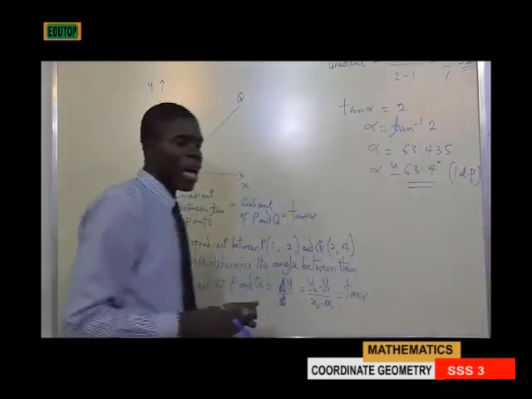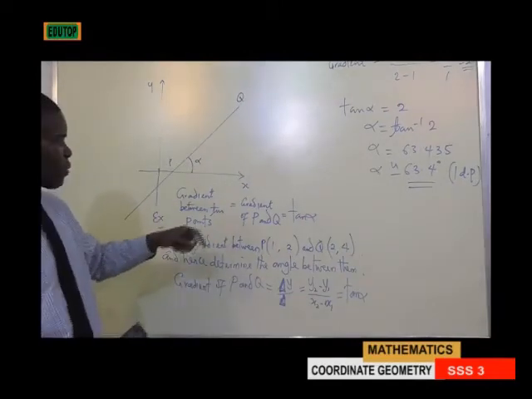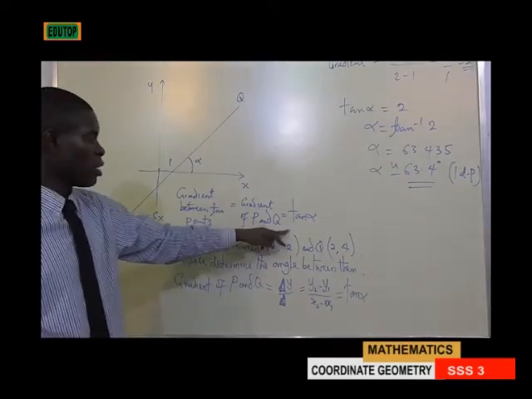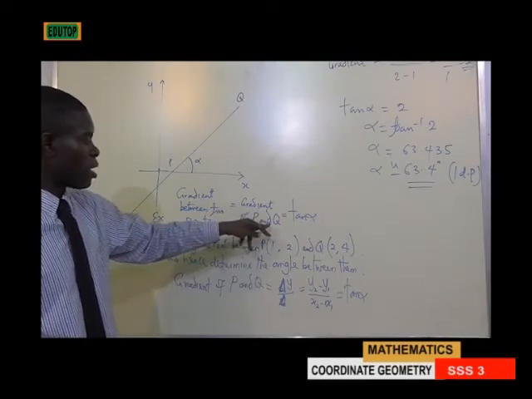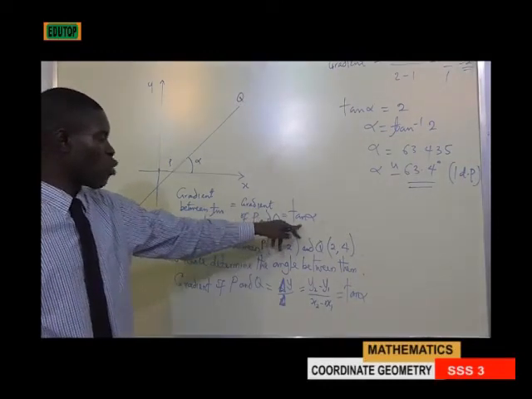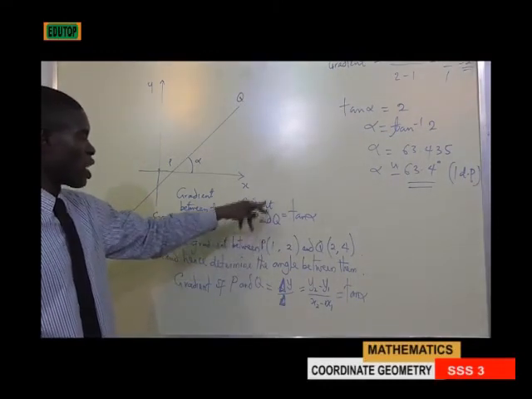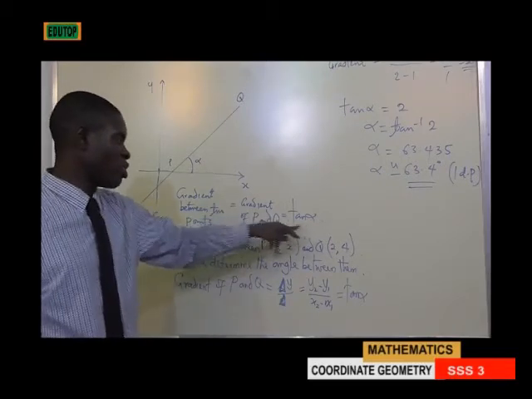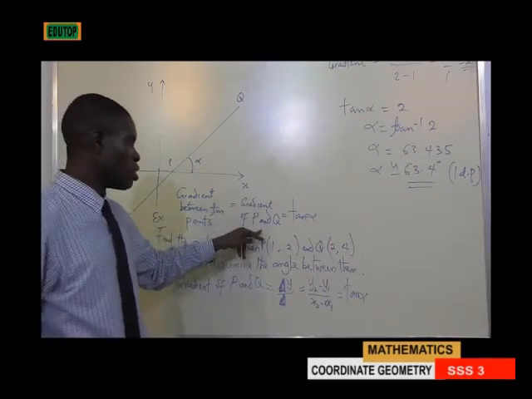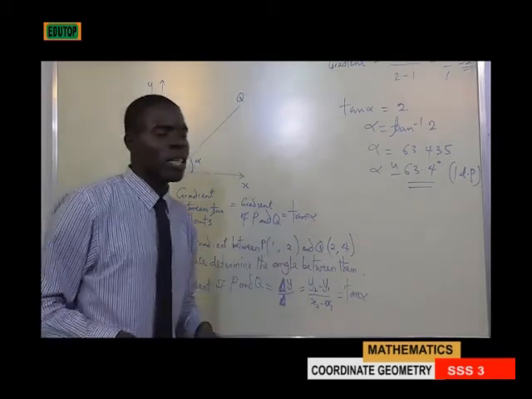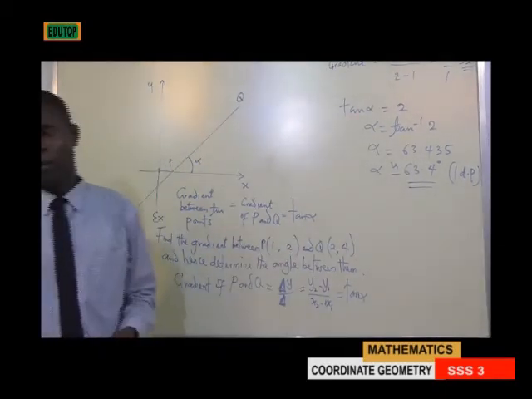That is the formula that is connecting them. This formula is important because if you have to determine the angle between two points, you have to determine the gradient first, because there is a direct relationship between the gradient of the points and the angle between the points.